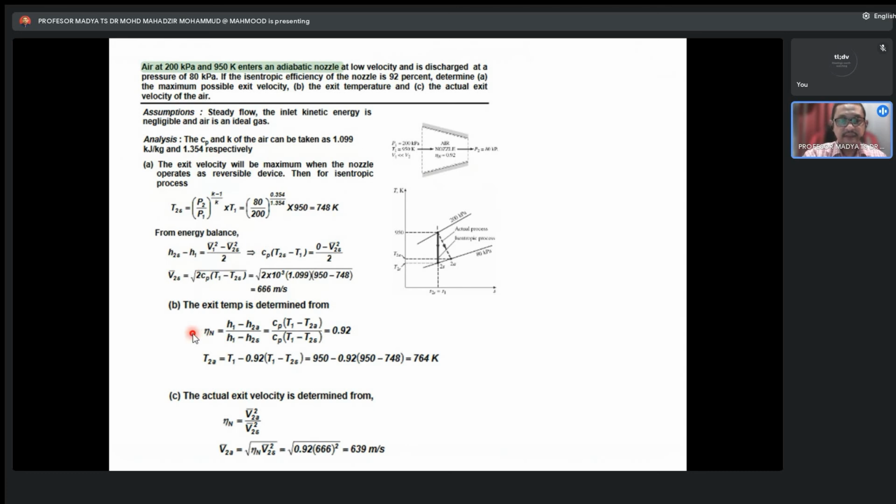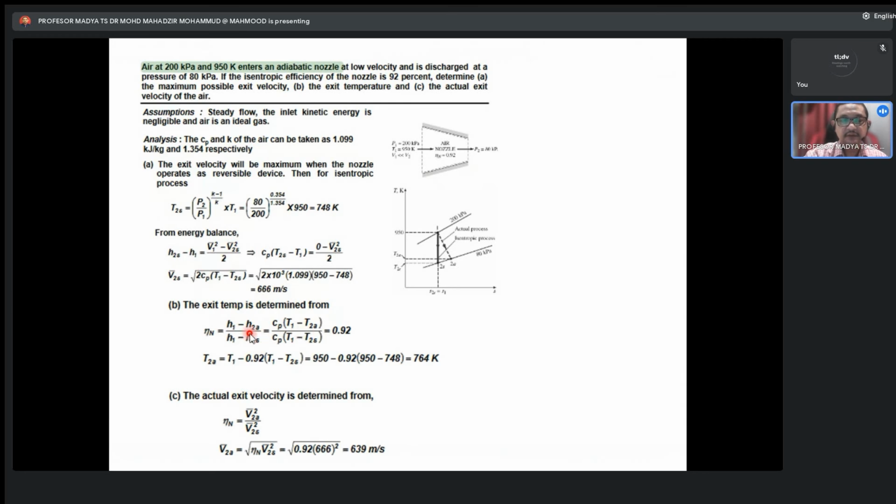Okay, B, the exit temperature. The exit temperature can be found from the equation of isentropic efficiency of this nozzle. So you know the formula of isentropic nozzle efficiency is h1 minus h2a, where a is actual, divided by ideal.